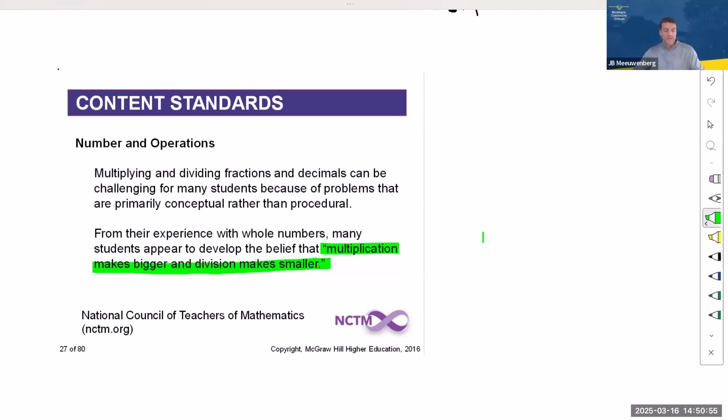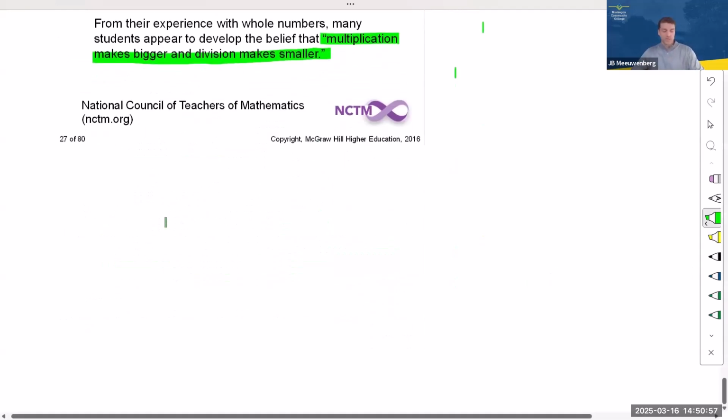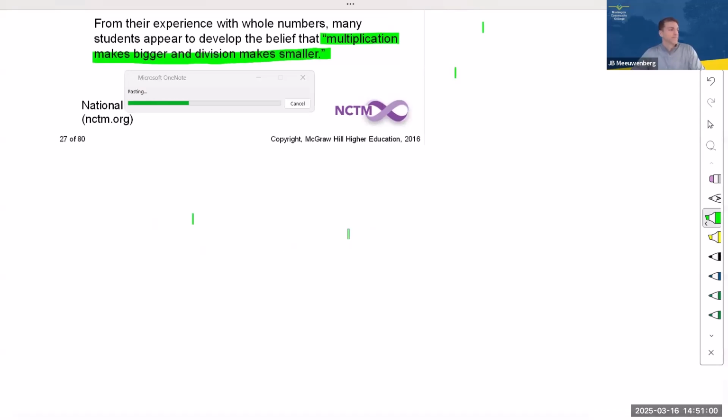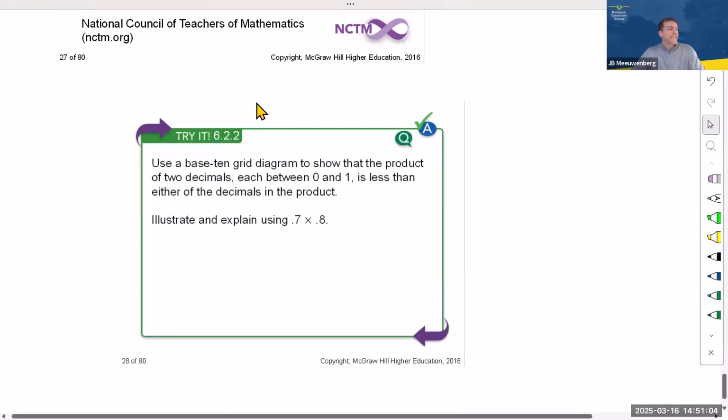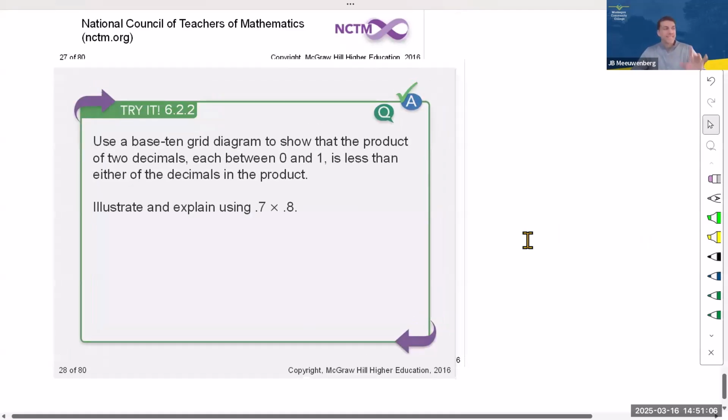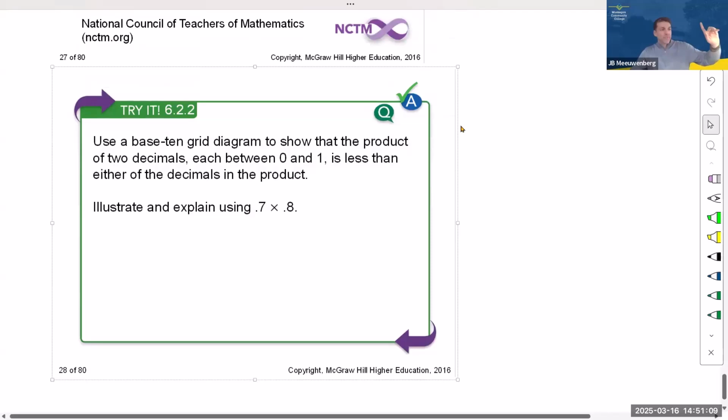What I'm going to have you do now is this little activity. Sketch out a base 10 grid diagram, kind of like we did earlier.